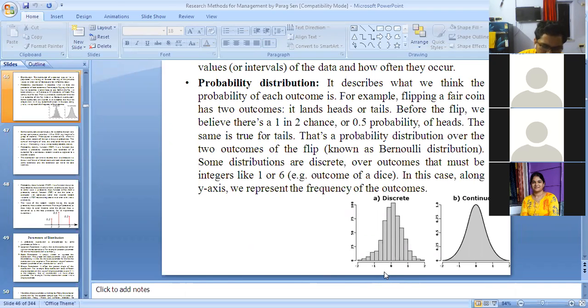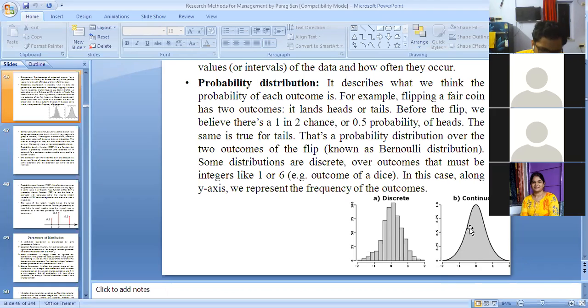Here, in case of distribution, you are not representing the categories as such, you are representing the outcomes, but still it's more like a bar chart or frequency diagram. But the concept of continuous distribution is based on the histogram. And what is a histogram?